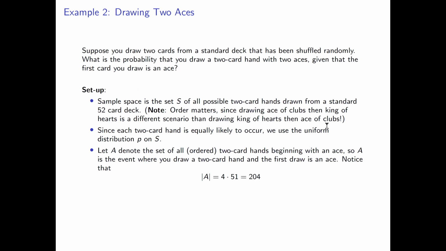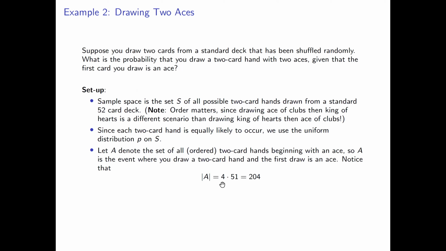Right, and so let me start labeling everything, which is again how you begin with all these problems. Let A denote the subset of S of all ordered two-card hands that begin with an ace, meaning the first card that you drew in that event was an ace. Notice we can calculate the cardinality of A just by multiplying 4 times 51, which is 204. Why is this true?